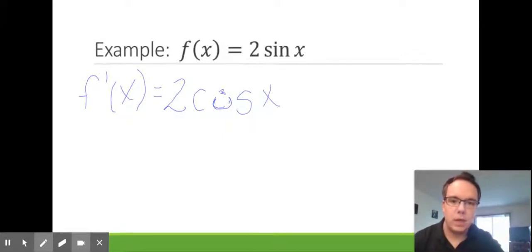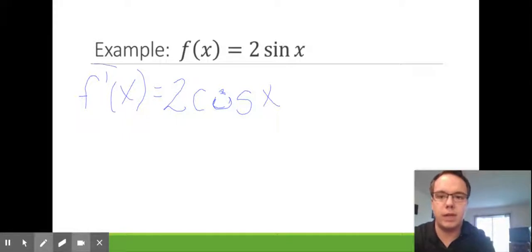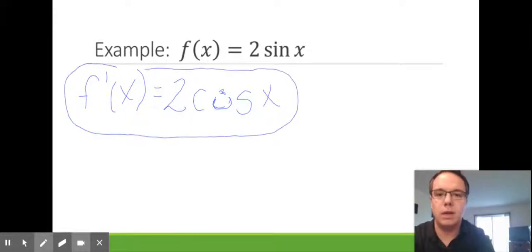If you use the product rule, you could add the derivative of 2, which is 0, so we don't need to do that. If we just have a coefficient out front, we just multiply it by the derivative. So our derivative of sine x is cosine x. We have a coefficient out front of 2, so we get 2 cosine x.